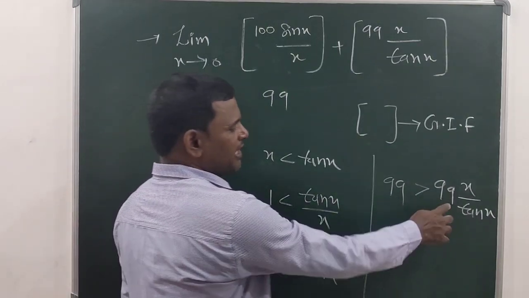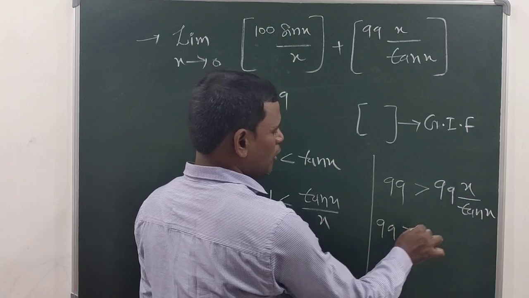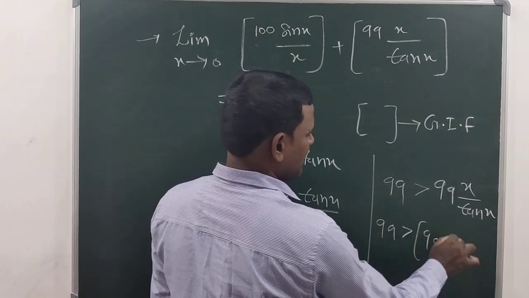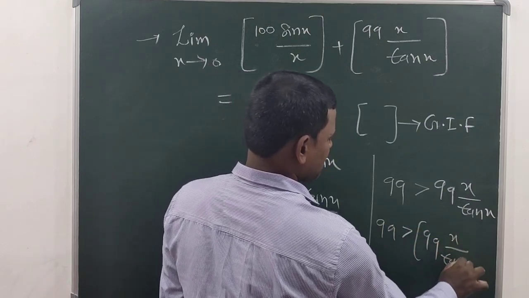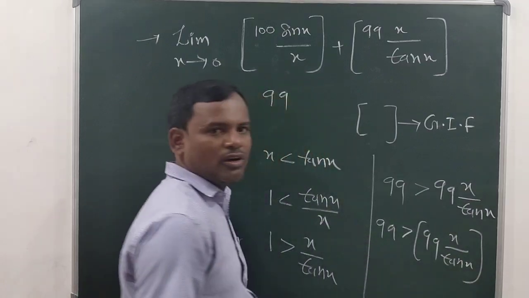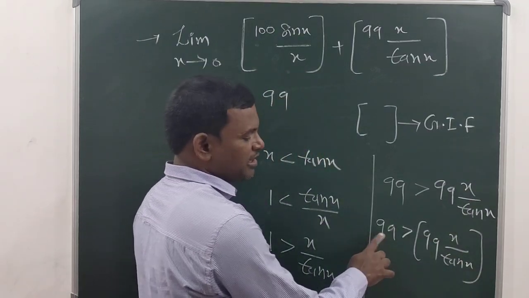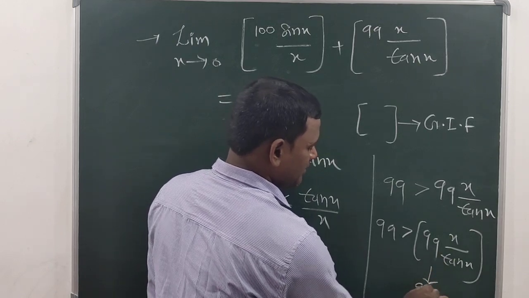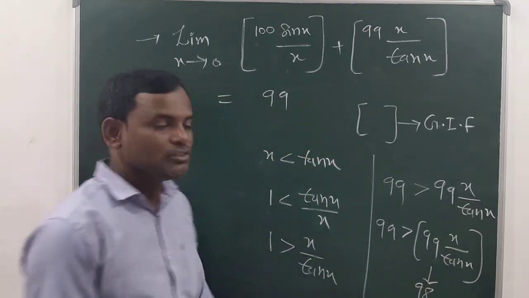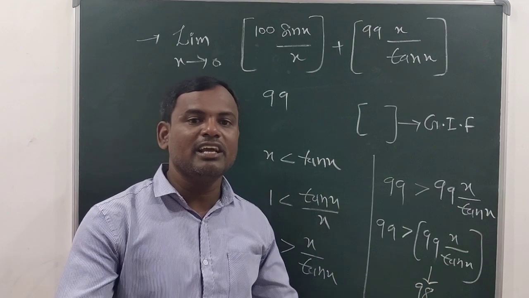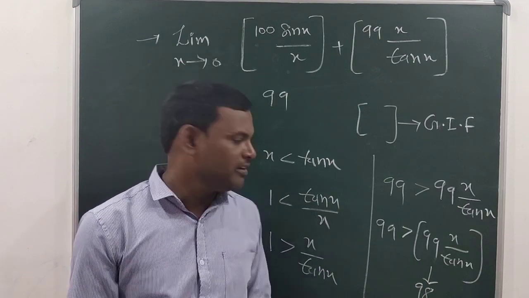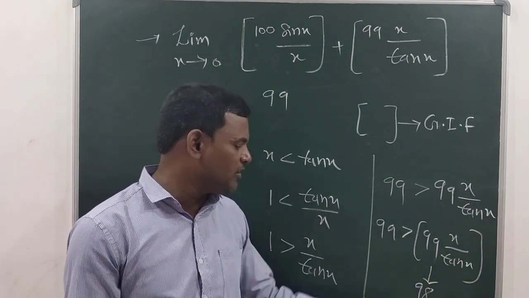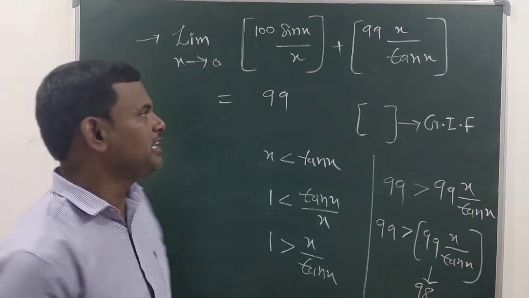So if you take the greatest integer value of 99x by tan x, how much can it be? Smaller than 99 means it can be 98.999. If you take the greatest integer value for this, you will get 98.